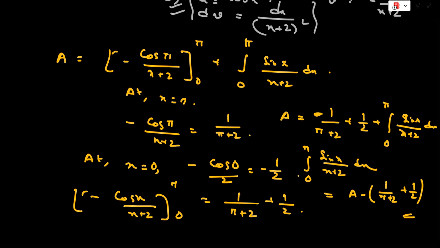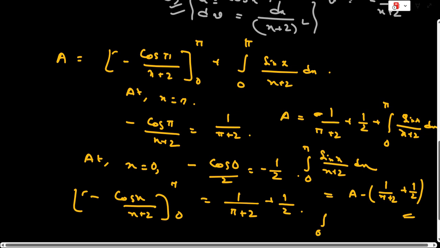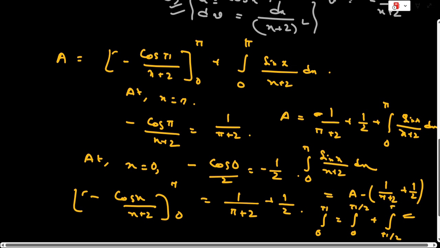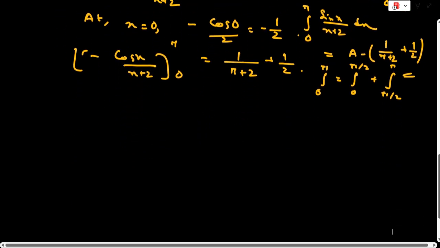Now comes the ninja move. Split the integral from 0 to pi into the integral from 0 to pi by 2 plus the integral from pi by 2 to pi. Then do the substitution.